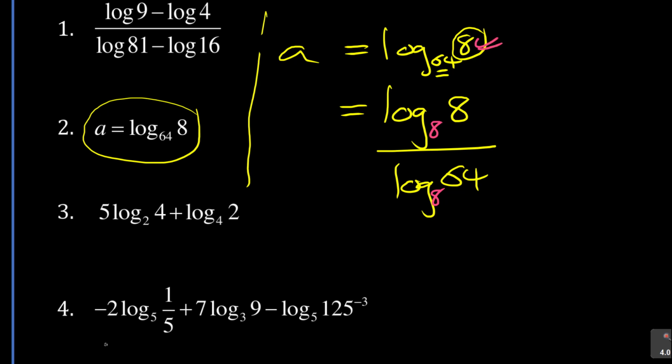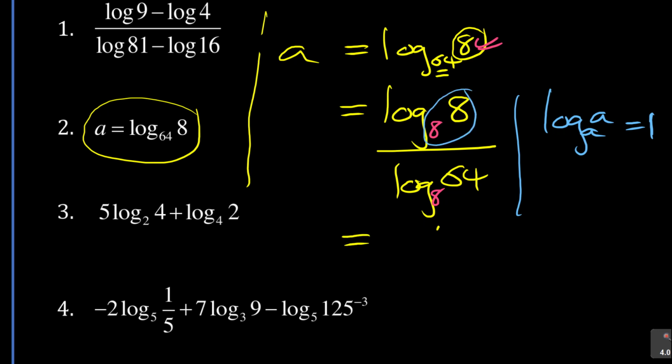Now there is another rule which says if you are given log and the base and the number are the same, this becomes 1. So look at that, 8 and 8. That's 1. So you've got 1 over, now 64, what is 64? 64, guys, is 8 squared.